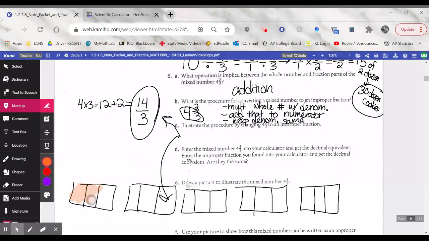So 4 of them are going to be completely filled because we have 4 whole parts. And then your 5th one is only going to be filled 2 out of the 3.